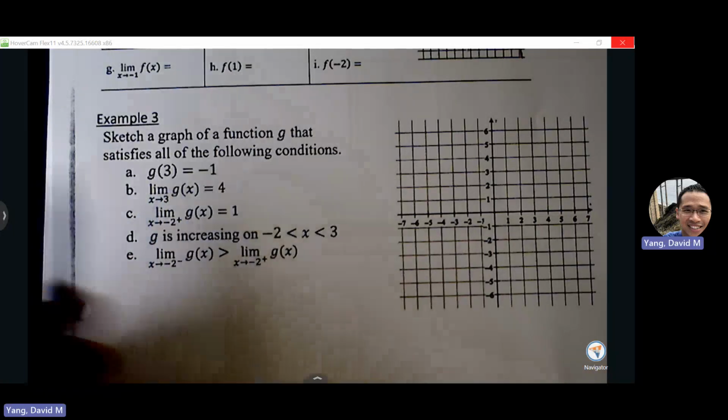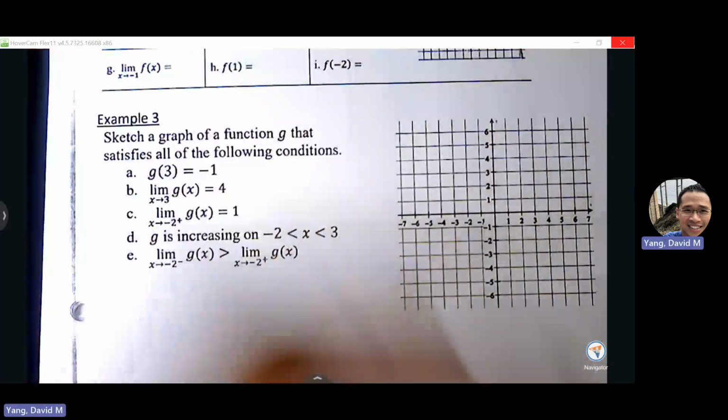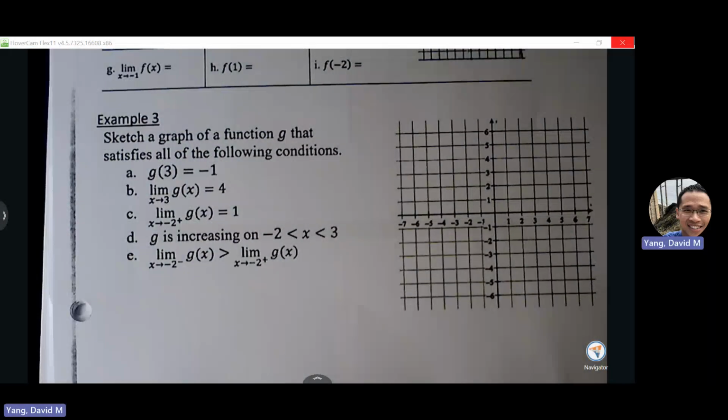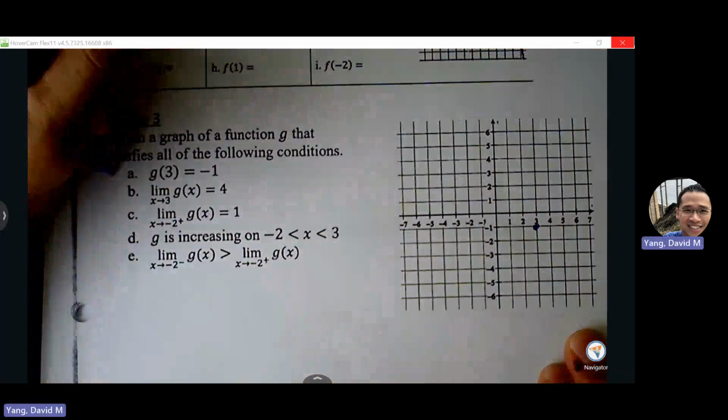So 3, -1, that's an ordered pair. The instructions say sketch a graph of a function g that satisfies all of the following conditions. So g of 3 is -1. Okay, I'll go ahead and check that one off.